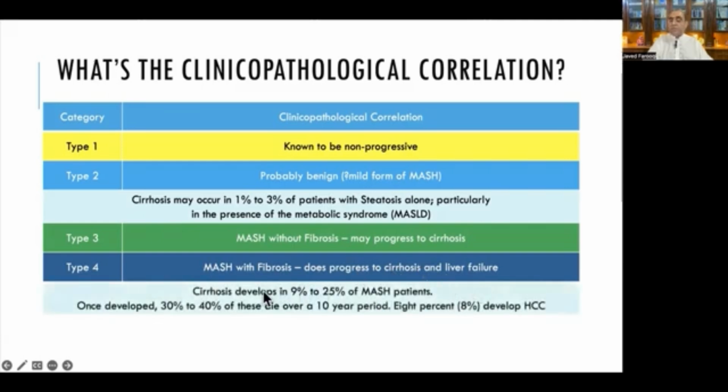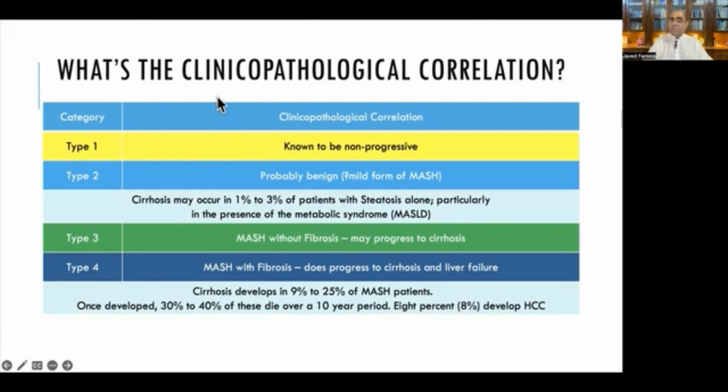So cirrhosis develops in 9% to 25% of MASH patients, 1 out of 4. Once developed, 30 to 40% of these die over a 10-year period. So the 10 years period is really a serious one. 8% of these patients develop HCC.